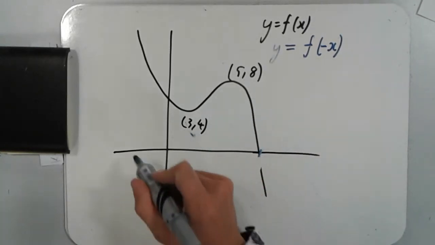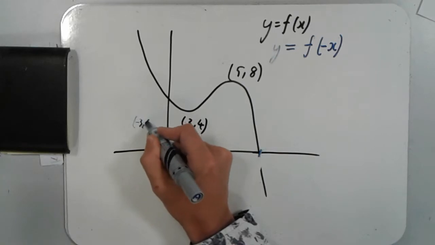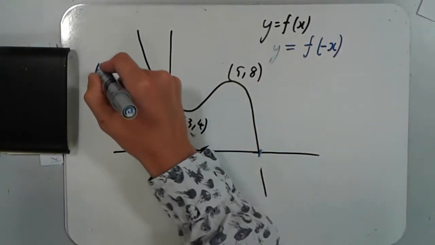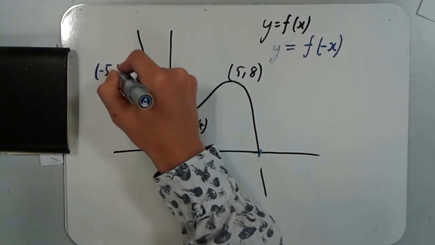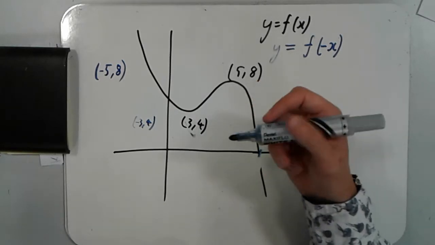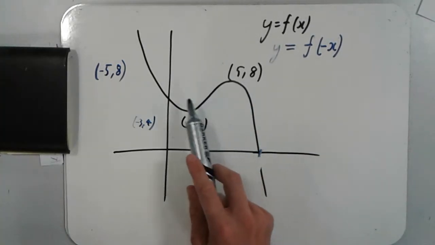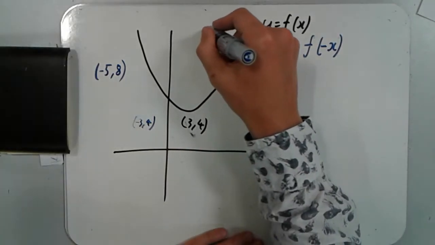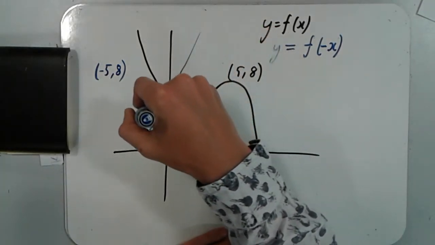So this here would become minus 3, 4, and that there would become minus 5, 8. Again, now leaving the y values untouched. And the same would happen for all of these unnamed values. They would be the same, but reflected, given negative x values.